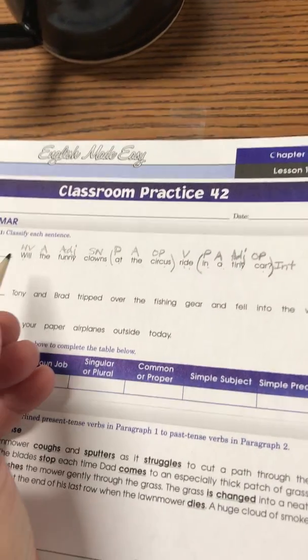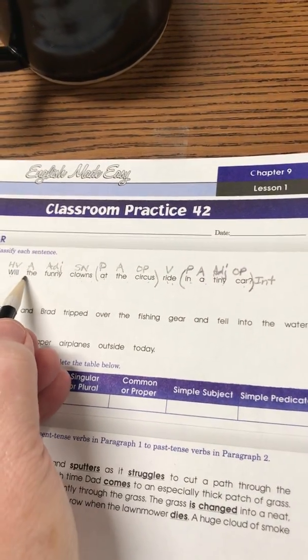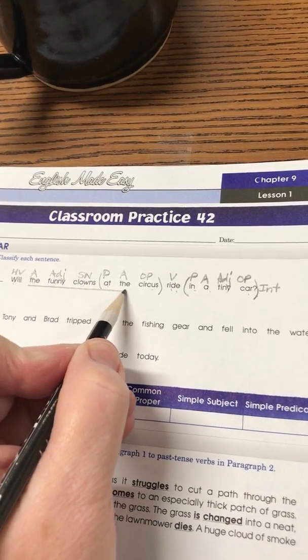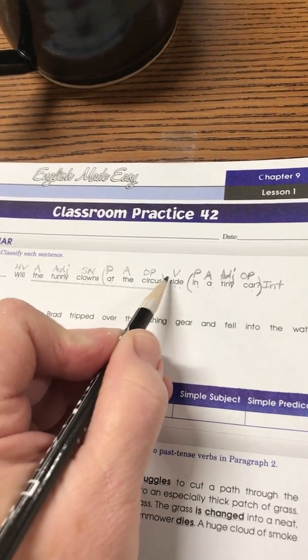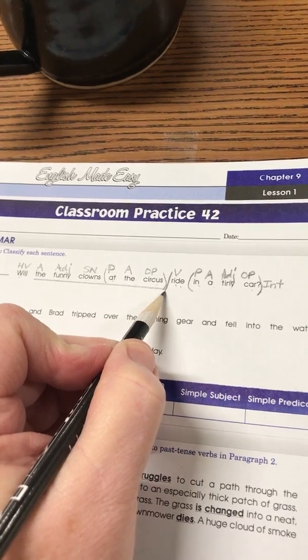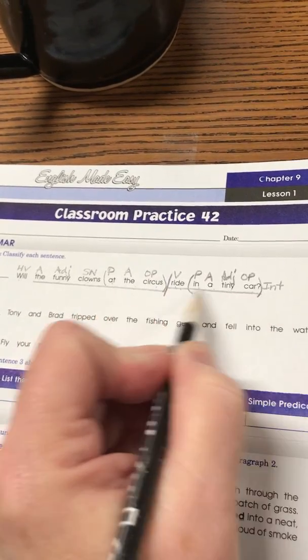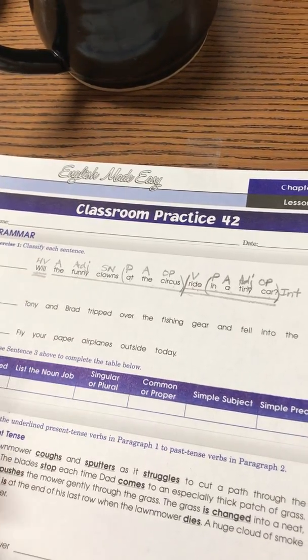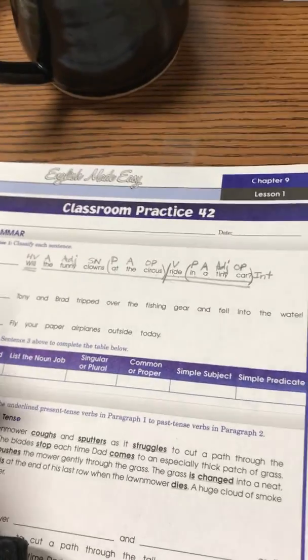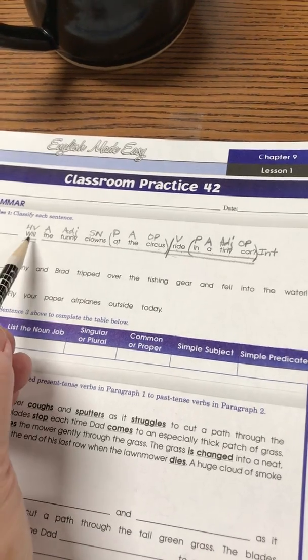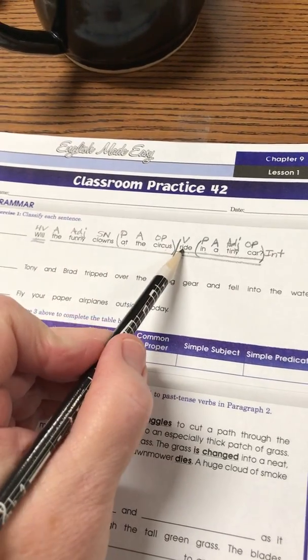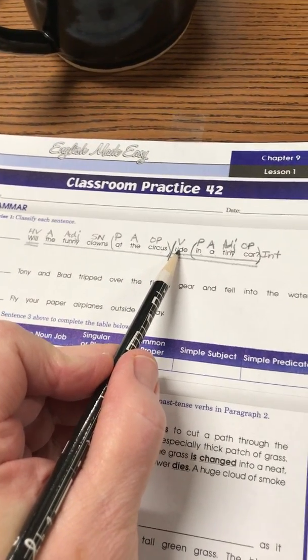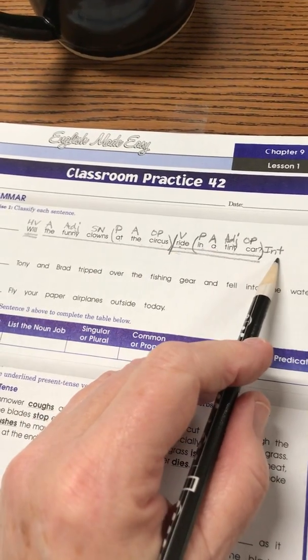Okay, now when we do our underlining, the funny clowns at the circus is your subject. Here's where your slash belongs. Ride in a tiny car is your predicate part, and will is part of the predicate. Now, if you think about this a minute, if you put will back over here by ride, you would no longer have a question. You would no longer have an interrogative sentence.